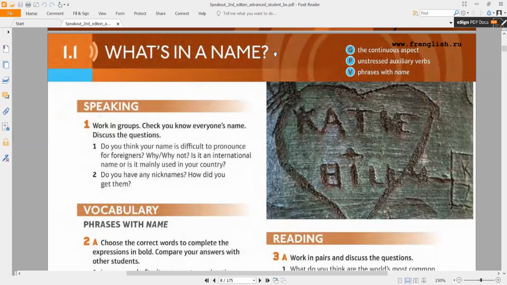For me, I guess my name is not that difficult. They might say Tasneem, maybe they say "ta" with an A. And I don't think it's really difficult. The same for me.